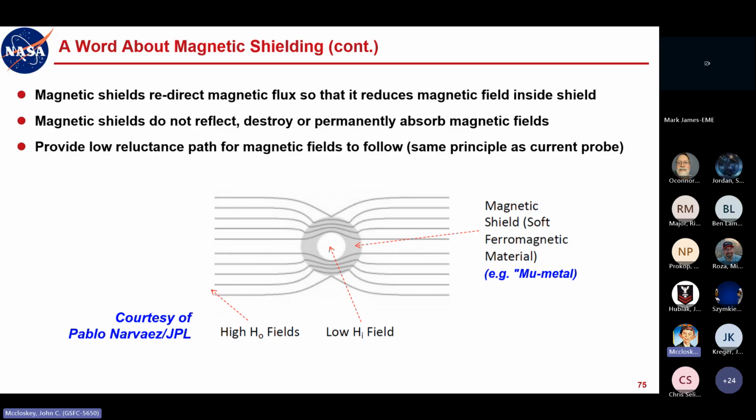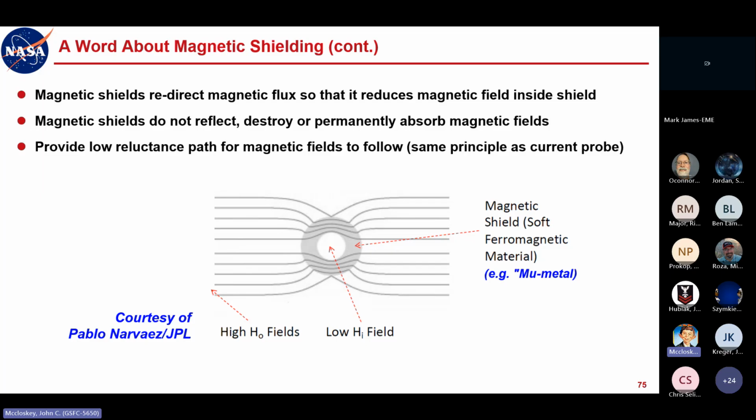Obviously it depends on the current probe, but the relative permeabilities of those magnetic cores can be hundreds or thousands, right? You want it to be much higher than just air, right? Air having mu sub r of 1. So the relative permeability of the core of that current probe is going to be much higher than just air.